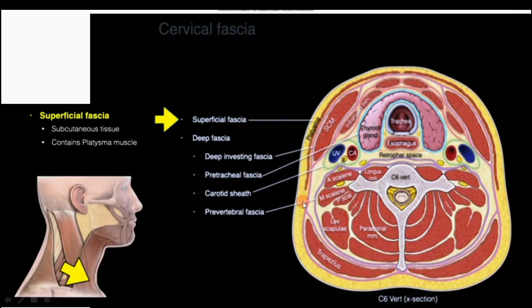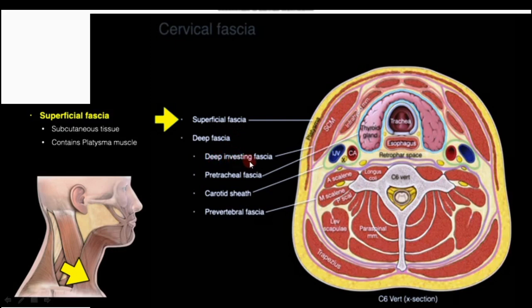The fascia enclosing the prevertebral and paravertebral muscles, along with levator scapulae and paraspinal muscles, is the prevertebral fascia.